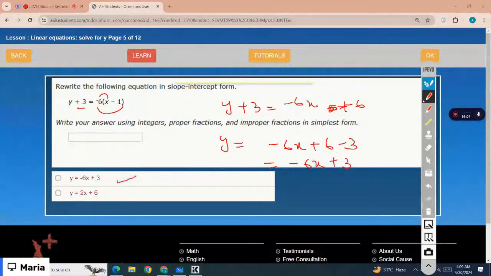Option number 1 is the correct option. Y equals negative 6x plus 3 is the correct option. Got it?